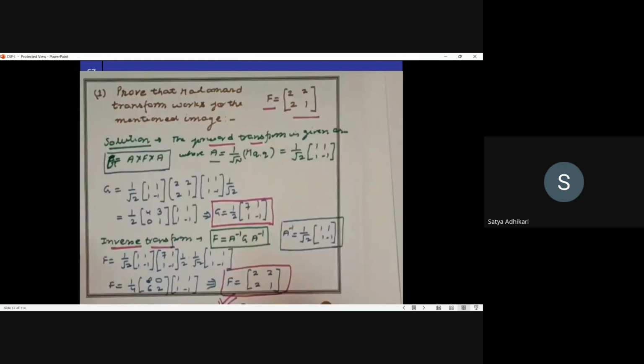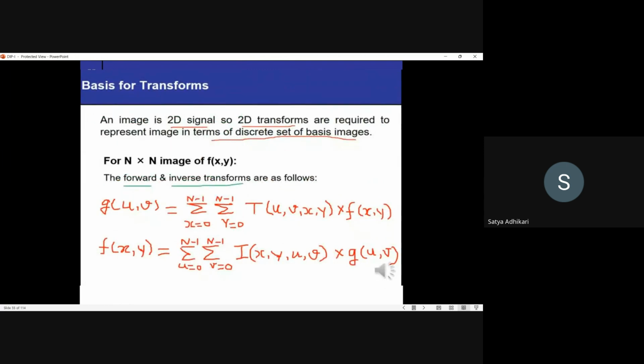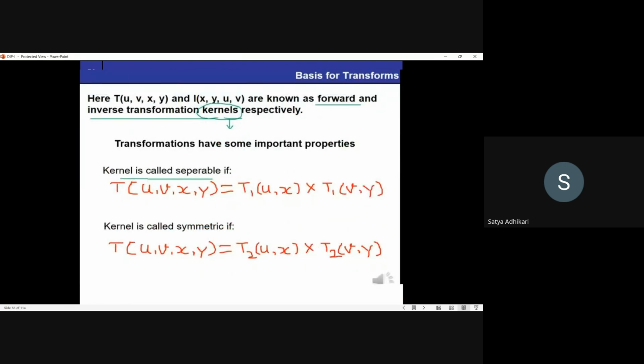You see, we have an example. So it is separable and symmetric, there are two types. Basically, the first one, the separable, is used in forward transformation, and the symmetric is used in inverse transformation.